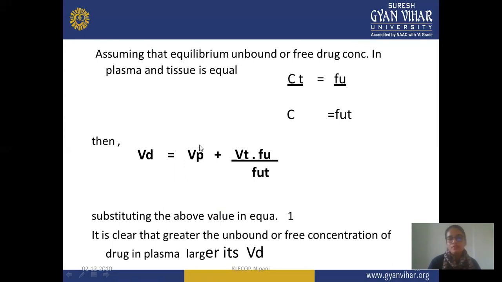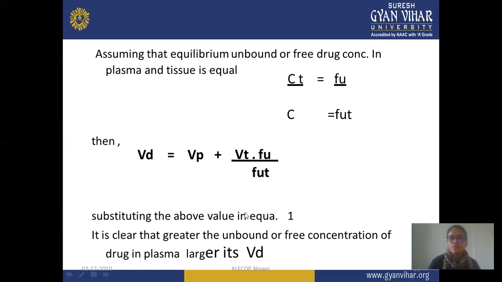We can write VP, volume of distribution in plasma, plus VT into FU, divided by FUT. Because here we write CT, instead of CT we write FU, because we replace CT with FU. And instead of C in the volume of distribution formula, we can replace it with FUT, because C is equal to FUT.